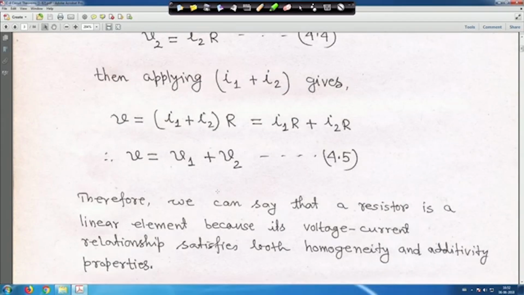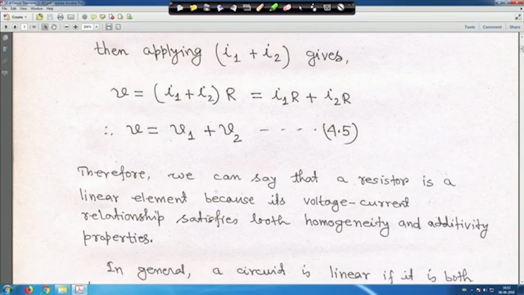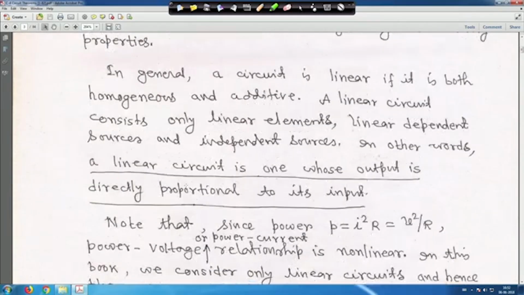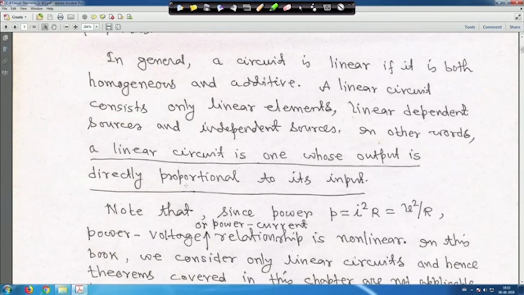Therefore, we can say that a resistor is a linear element, because its voltage current relationship satisfies both homogeneity and additivity properties. Only then can you say that the element is linear; it has to satisfy both properties. In general, a circuit is linear if it is both homogeneous and additive, right.